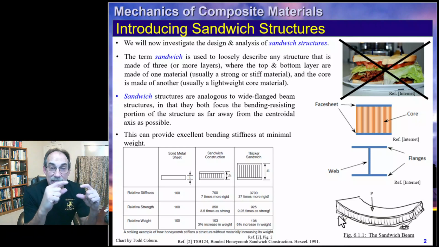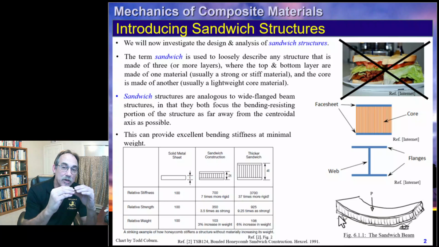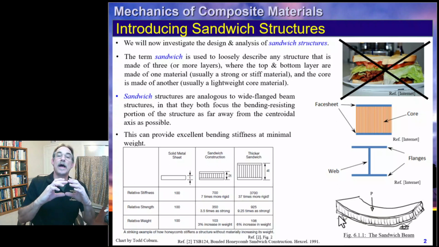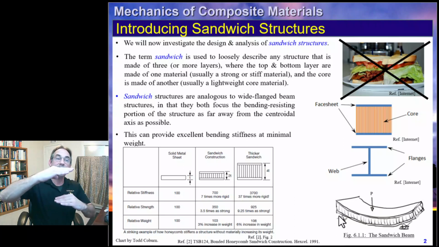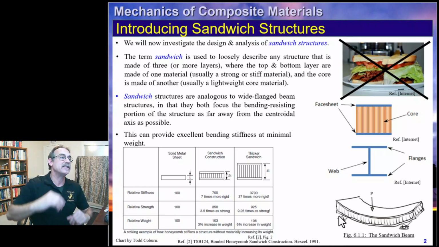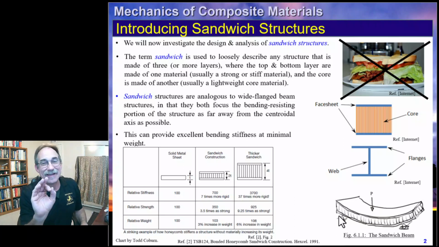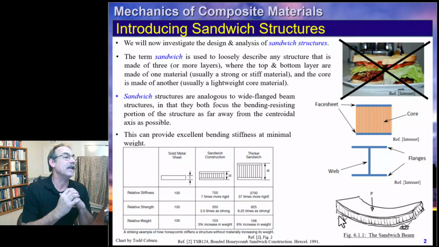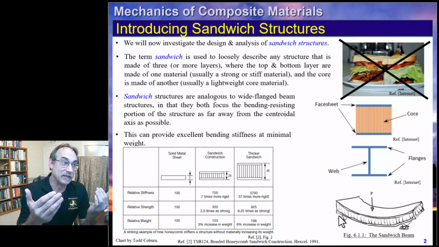If you take half that thickness and push it out so the total is 2T thick, but split the middle and put some kind of low density core, you can make it 7 times more rigid, 3.5 times as strong, and only a 3% increase in weight.